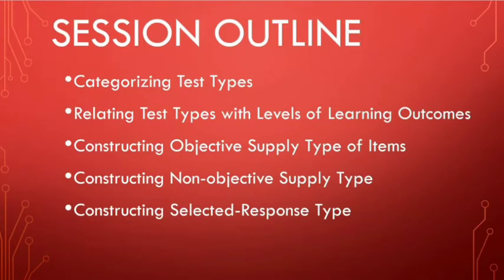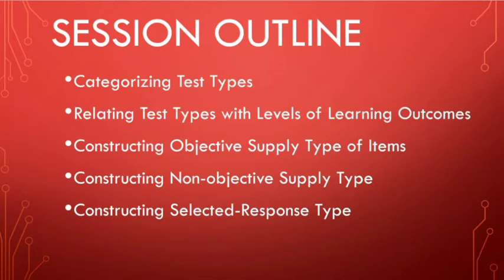Now, following that topic, we shall have this session outline. So we shall discuss categorizing test types. In here, we are going to differentiate, we're going to enumerate the different categories or classifications of tests. And we are going to relate also the test types with the levels of learning outcomes.